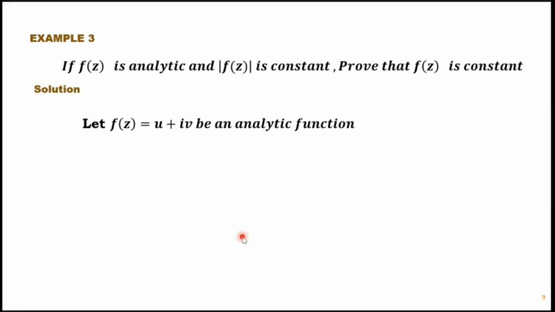Okay, it is mod f of z। mod का मतलब होता है modulus of that complex number, where we write r square is equal to root of x square plus y square. That is the modulus. U minus iv is the conjugate. Okay, that is denoted by bar, z bar.